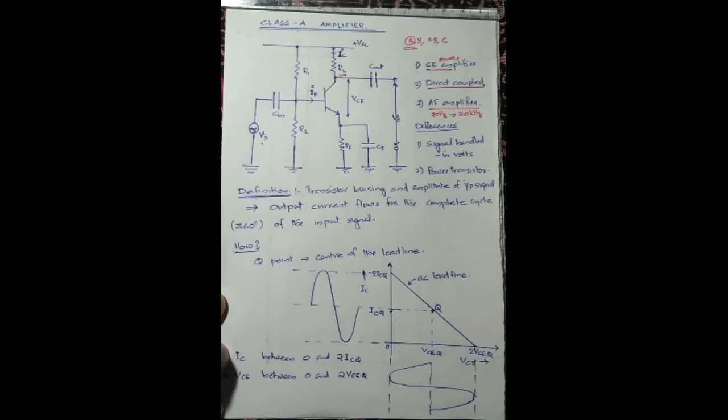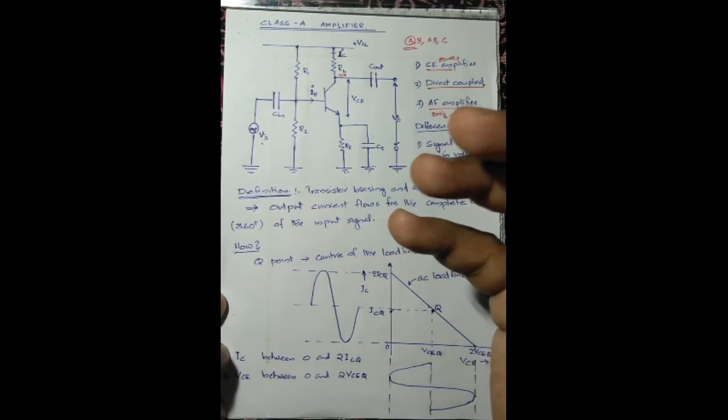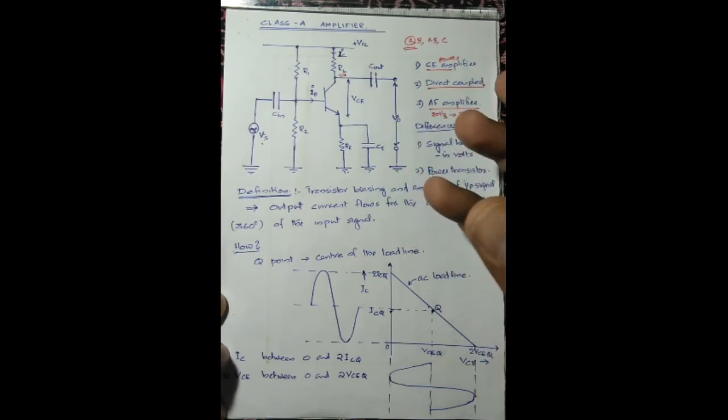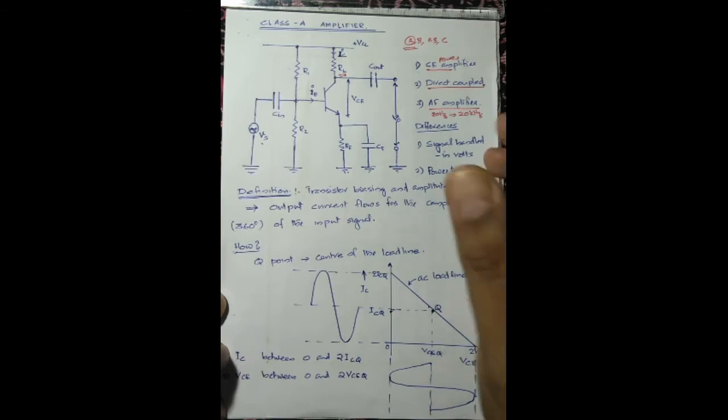What is the difference between a small signal common emitter amplifier and a class A amplifier? Well, the first difference is the value of voltage and current handled by the amplifier. In the case of a small signal amplifier, the input current, which is the AC signal current, is in the order of some microamperes, and the voltage may be a few millivolts.